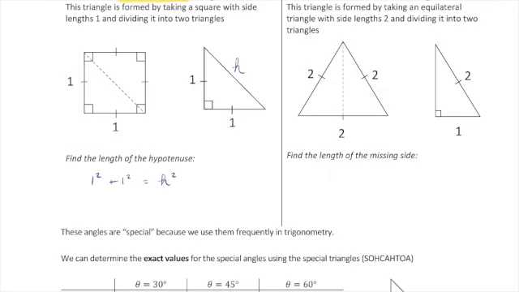All right, so we get that 2 is equal to h squared, or h is equal to the square root of 2. I'm not going to worry about putting in the plus or minus because I know that this represents a side length, so it's always going to be positive. The hypotenuse has to be positive, greater than 0. So there's your first special triangle that is created. It's a triangle with side lengths of 1, 1, and root 2.